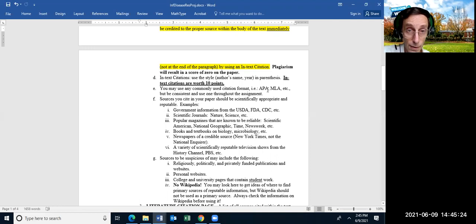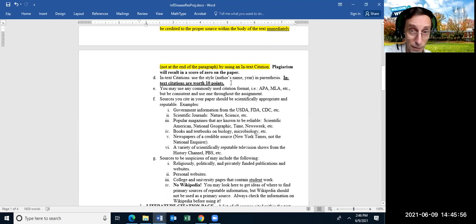If you don't know how to do an in-text citation, generally, if the article is written by one person, you give the author's last name and then a comma and then a year. So you would go parentheses, author's last name, comma, year, and then parentheses. Okay? That's generally the way you use an in-text citation.